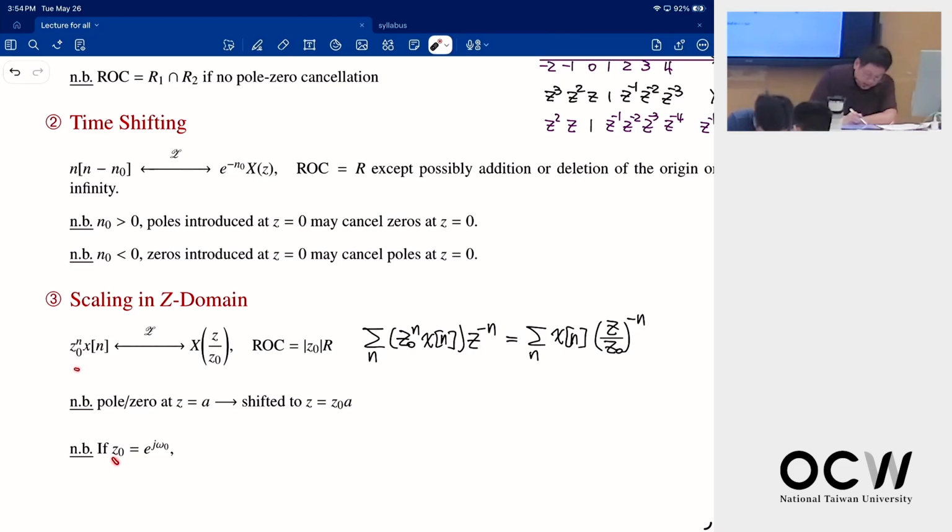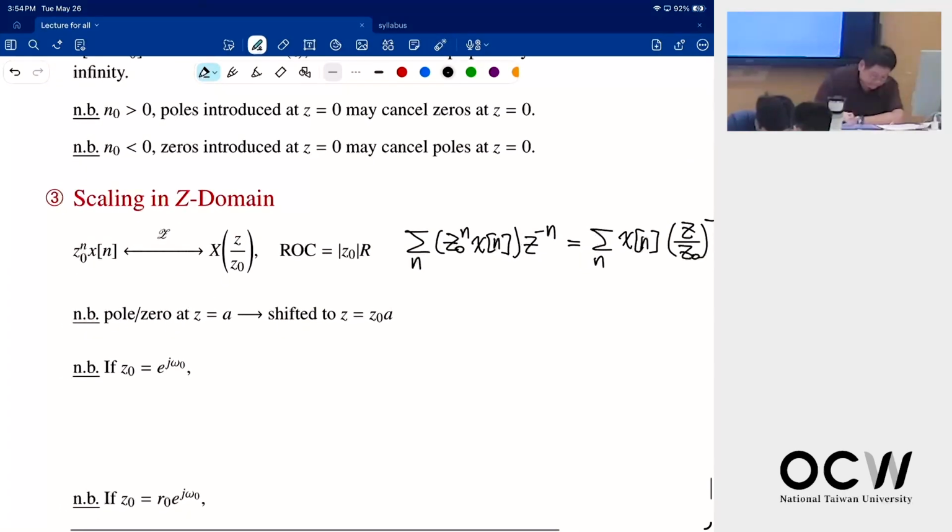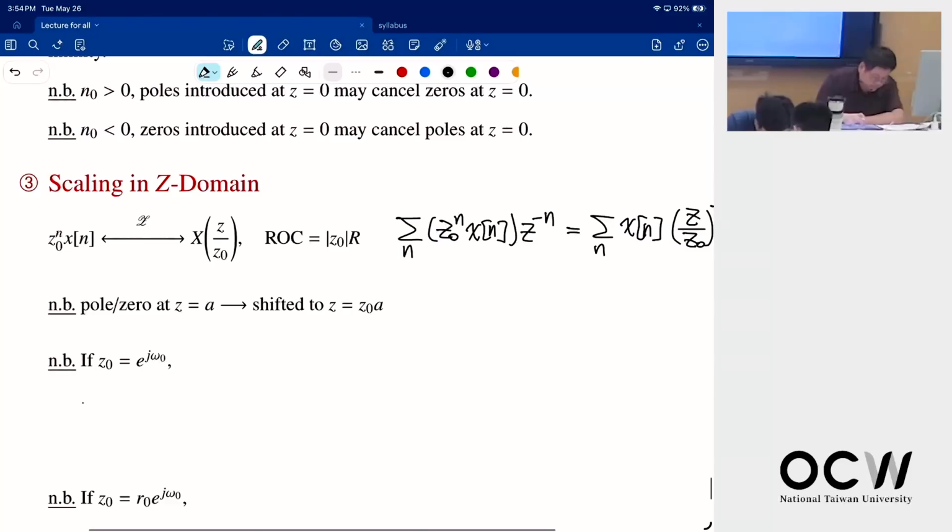If this z naught is just a complex exponential, we only have the phase. I only have a phase shift, which means e to the j omega naught n times x[n] for the z transform.